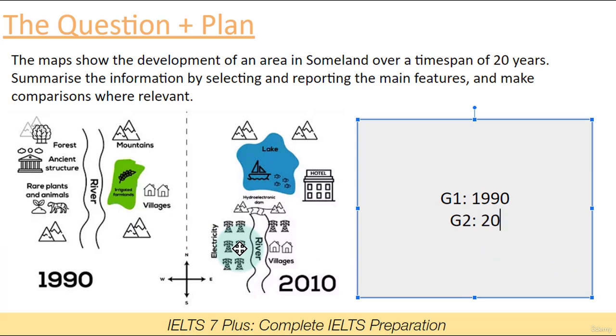So when I discuss and report map 2010, I'll be able to compare it to the first map. So I'll be able to say, for example, the irrigated farms in 1990 have been replaced by a hotel in 2010. So that would be an example sentence for my detailed paragraph 2.